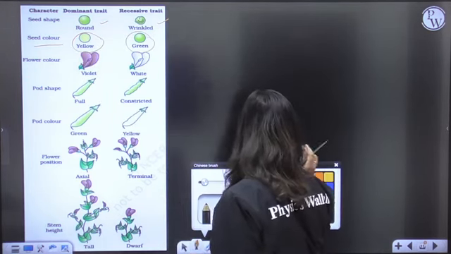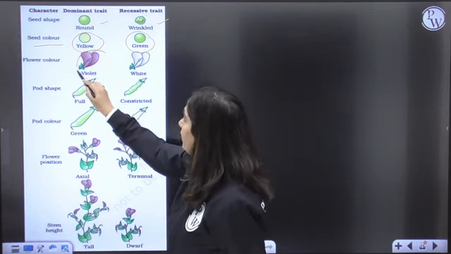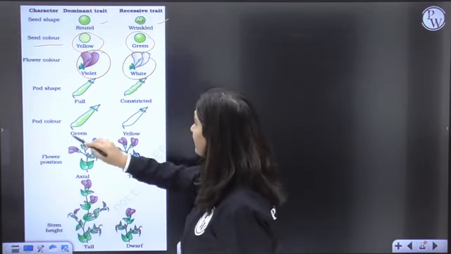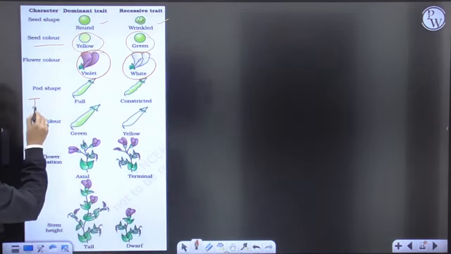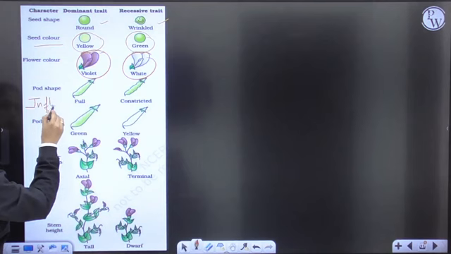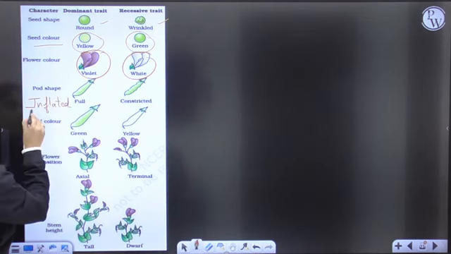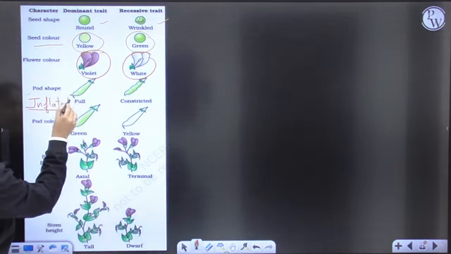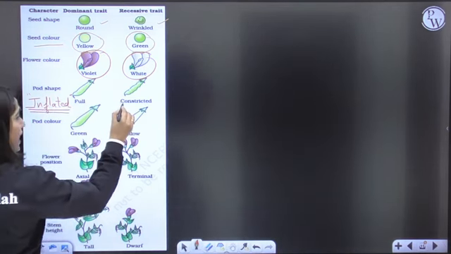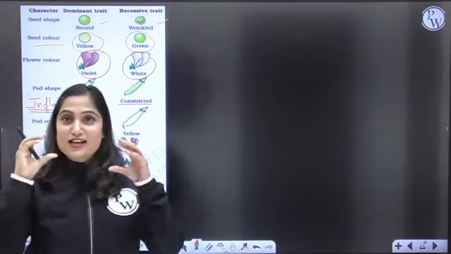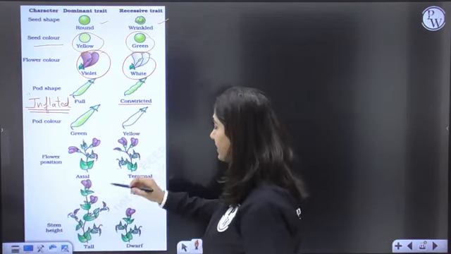In the case of flower color, violet is dominant, white is recessive. Pod shape, inflated or being full, inflated condition is dominant and constricted condition is recessive.